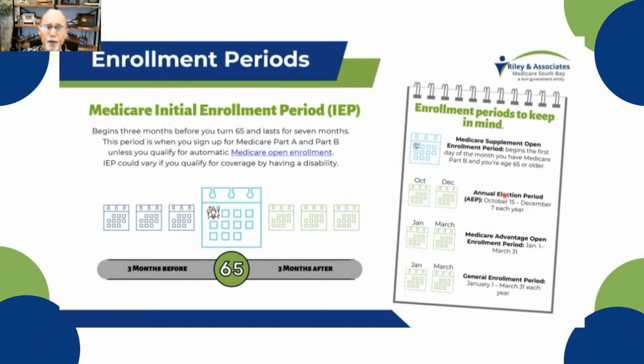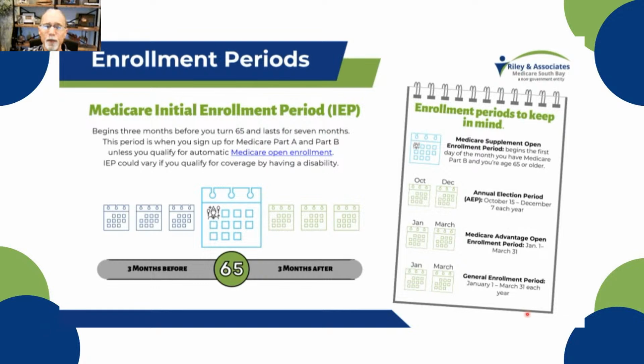So if you missed making a change during the annual enrollment period and you were on an Advantage plan, you could still make a change here in the first 3 months of the year. And we would go ahead and requote that and then get you on a plan that makes sense for you. Or the other option is you can also disenroll and go back to original Medicare at that point, which we can also help you with.